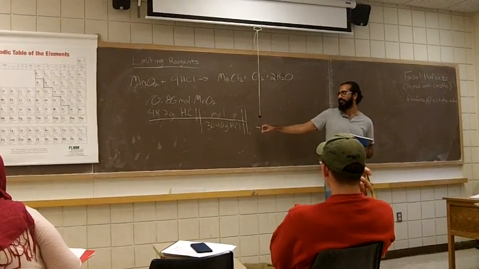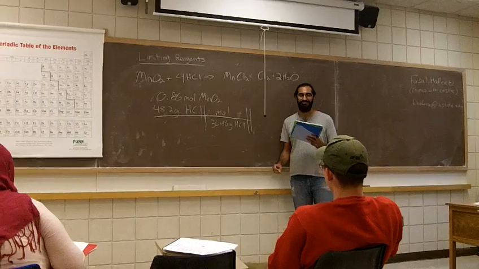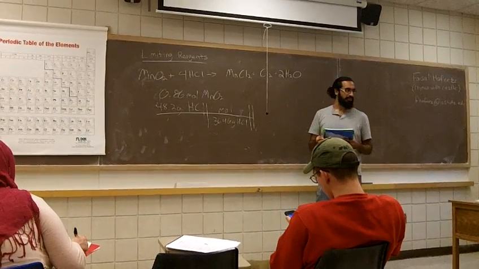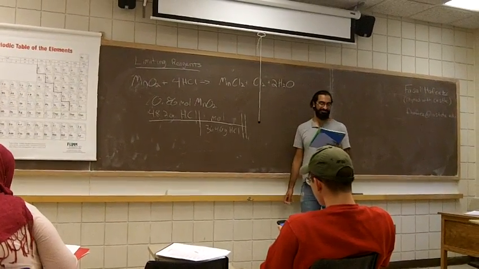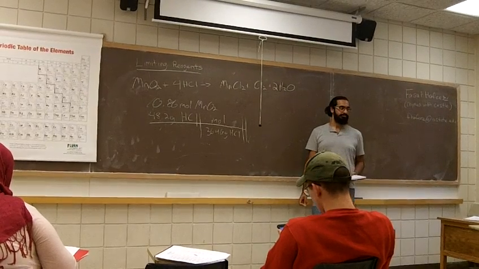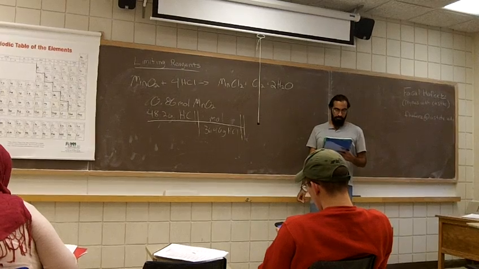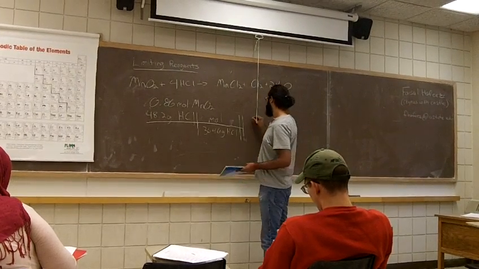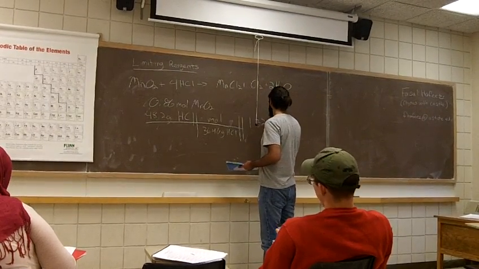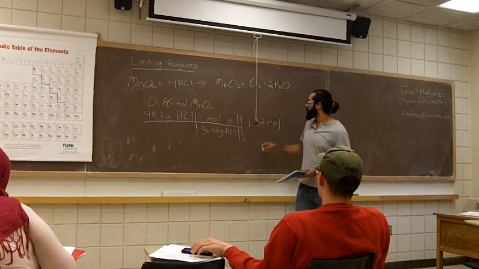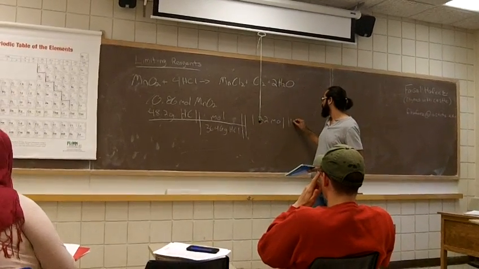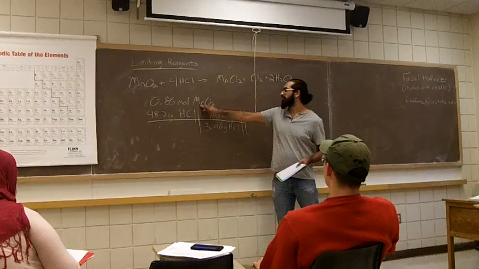Can someone calculate that for me? All right, so we have 1.32 moles of HCl and 0.86 moles of magnesium oxide.